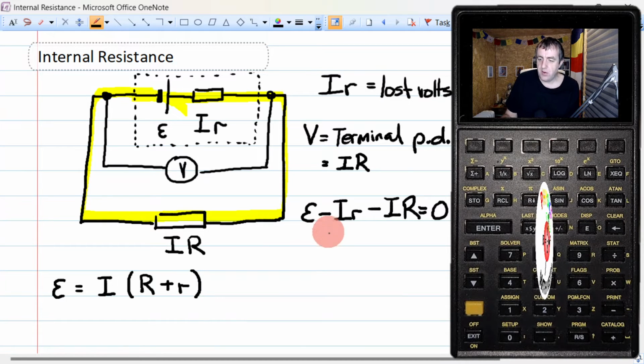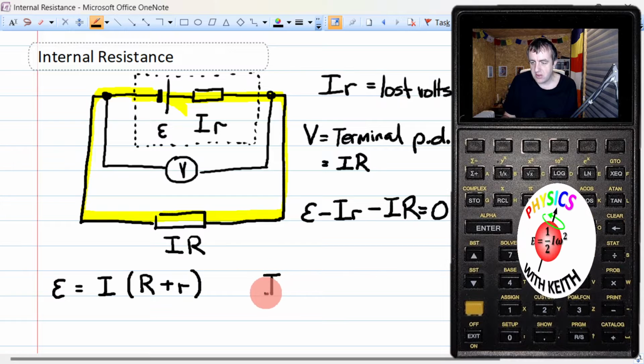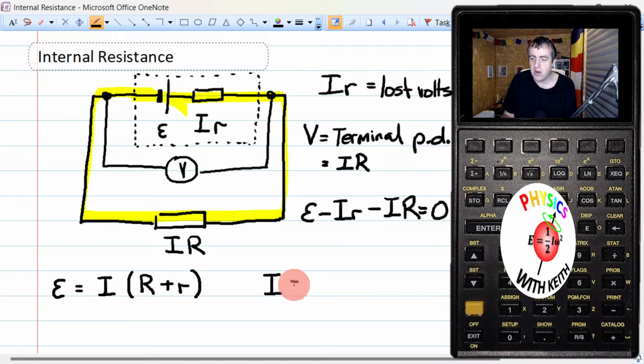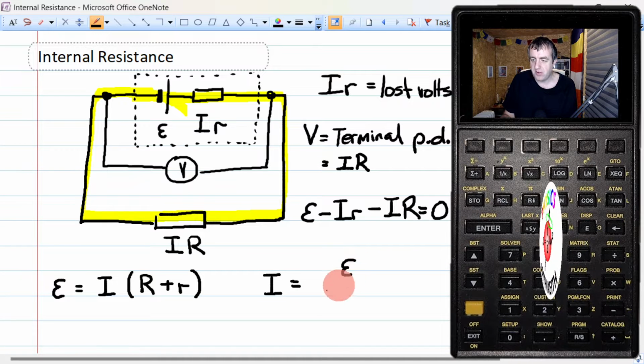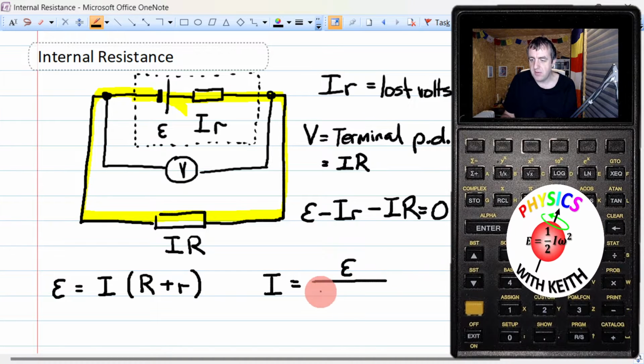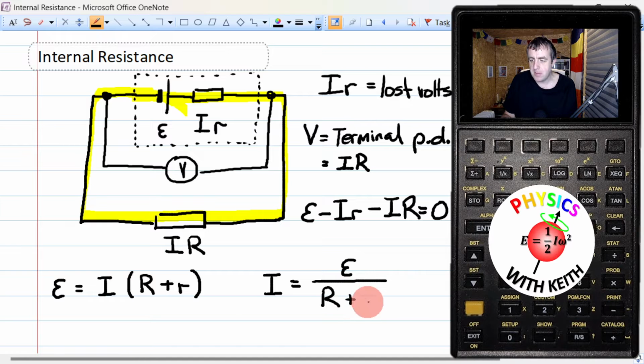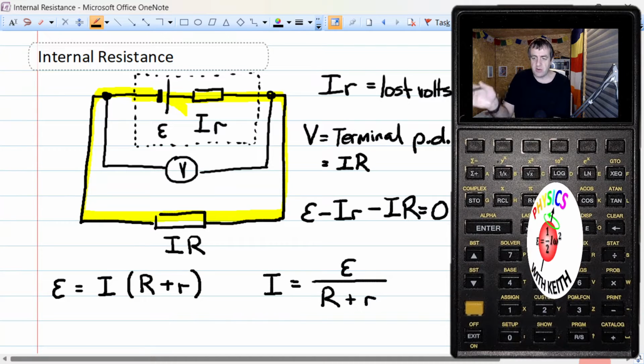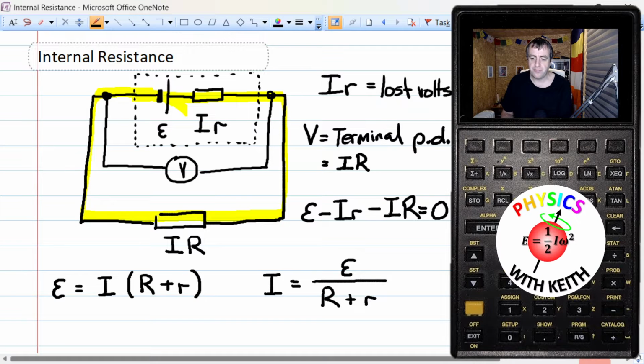We therefore have an equation: I, the current that passes through this power supply or along the yellow route, is equal to epsilon, that's the EMF, divided by the load resistor added to the internal resistor. Fine, so we've got some equations like this we can play with.